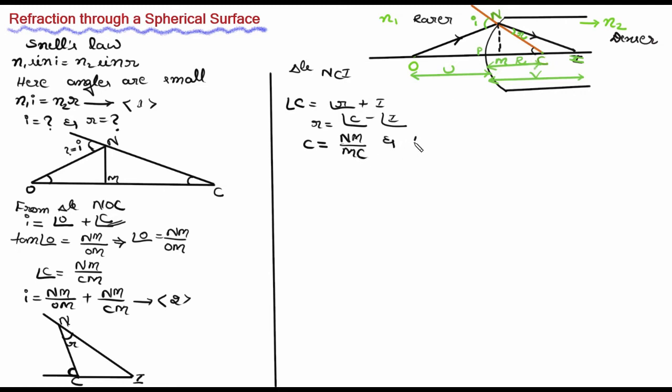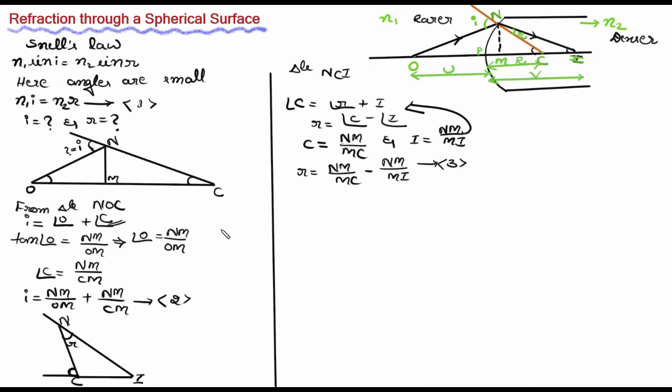And next, angle I will be equal to NM divided by MI. Now, substitute these in this equation. So, R is equal to angle C, NM divided by MC, minus angle I, NM divided by MI. This is equation number 3.